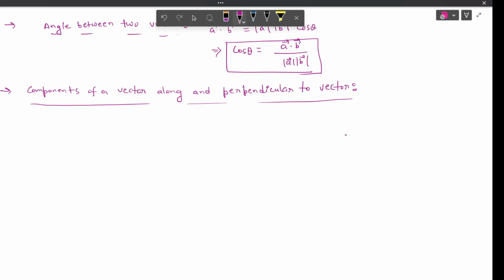Okay, so let us see the diagram. Diagram is, we have a vector, we have b vector. This is our origin, this is b, and let us draw a perpendicular here. This is our perpendicular M, and the angle between A vector and B vector is theta.